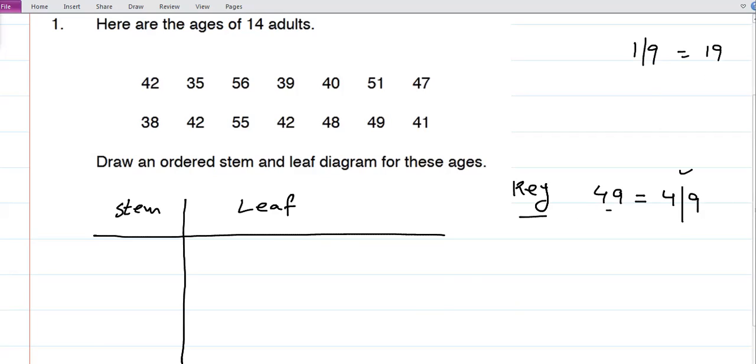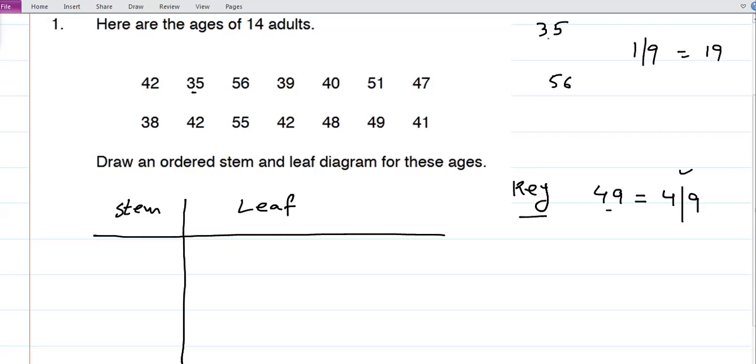After writing the key, now you have to write this whole data in the form of stem and leaf. What do you need to do for that? Look at the smallest number. From the given data, the smallest number is 35. And look at the largest number. The largest number of the data is 56.